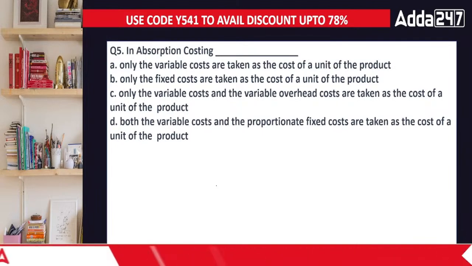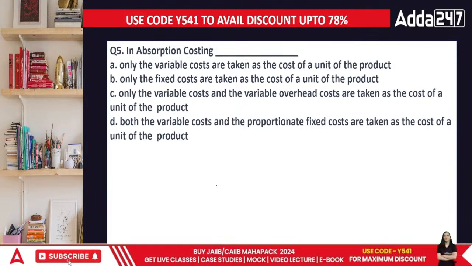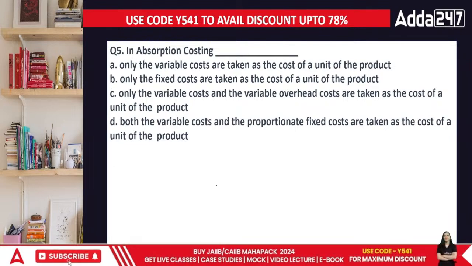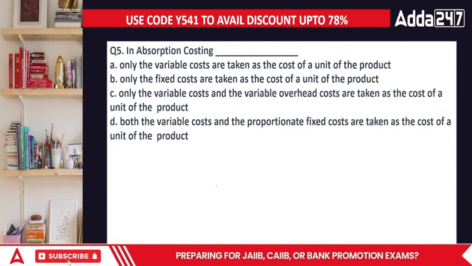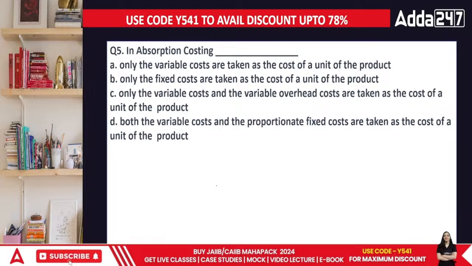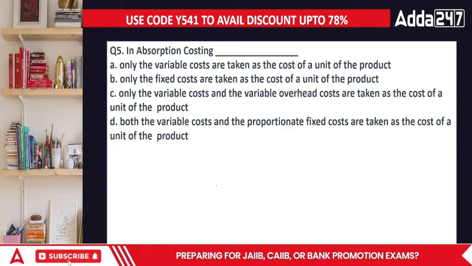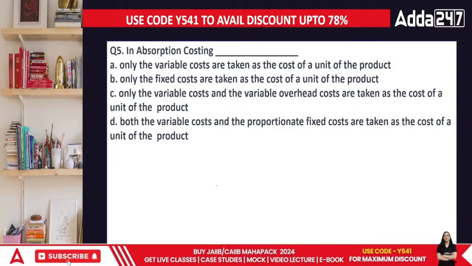In absorption costing, I told you this is an older way of working. They are not the ones which are working on a daily basis. That's an older way of working. Now, when we talk about absorption costing, the options are: only the variable cost is to be taken, or both the variable costing and proportionate fixed cost are taken as the cost of unit.